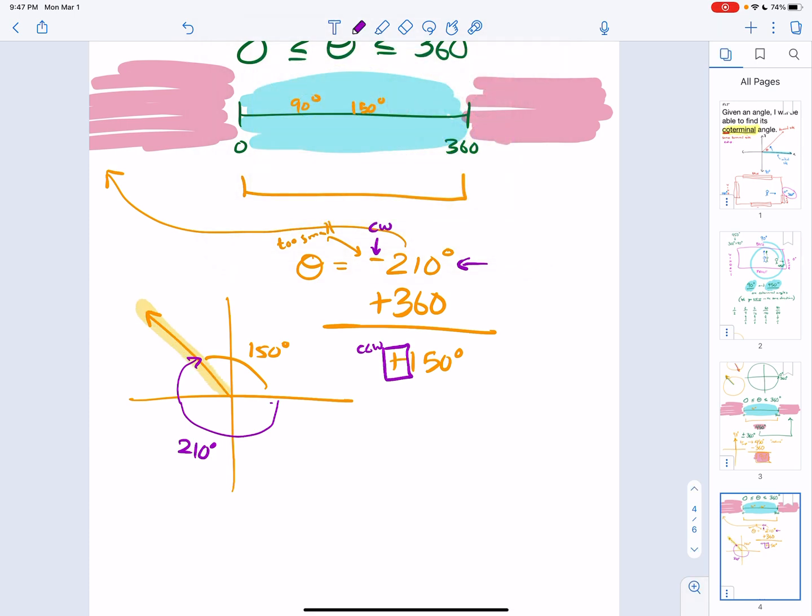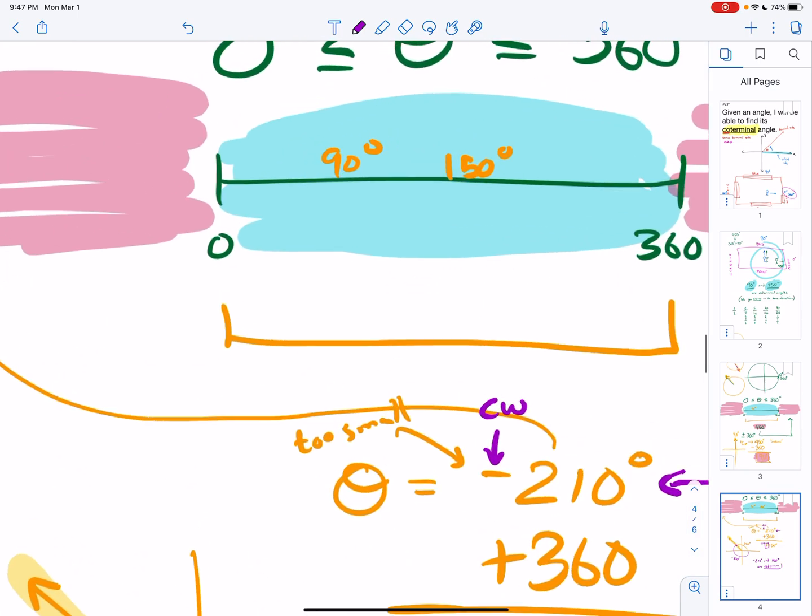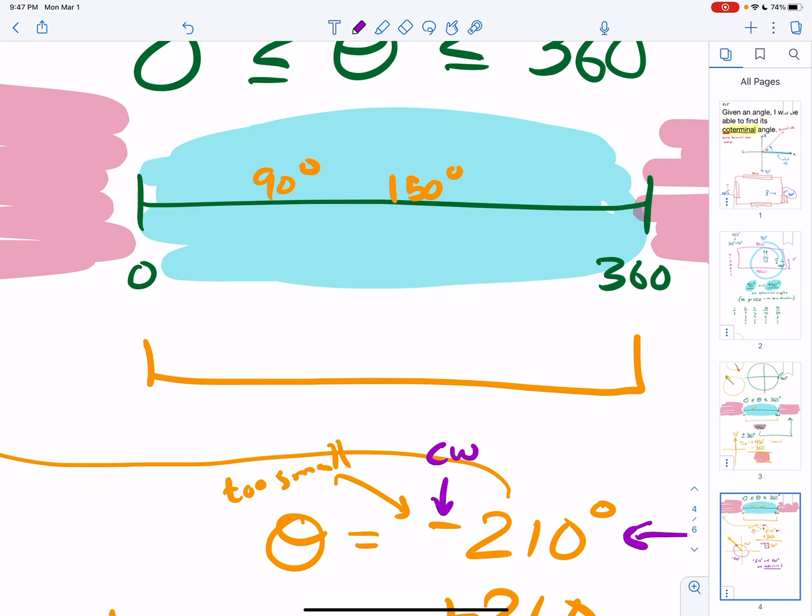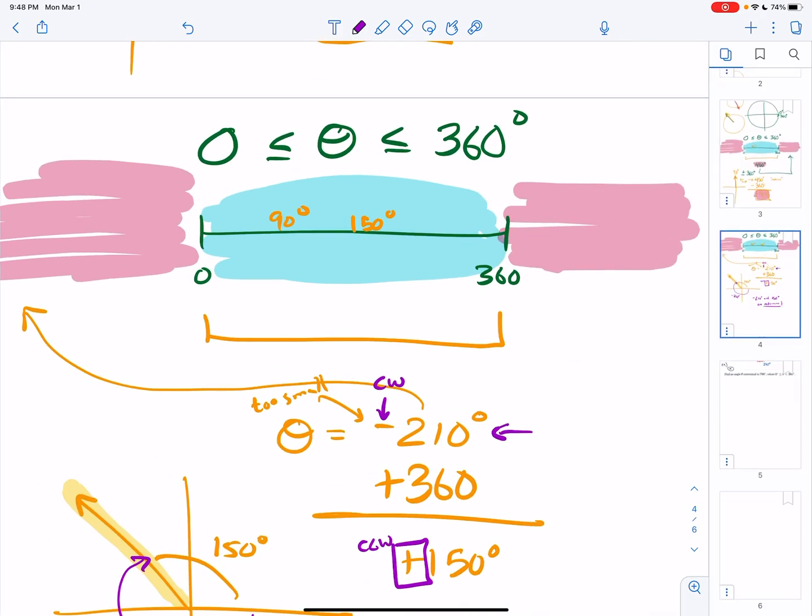So negative 210 degrees and 150 degrees, although they look very different, they're actually coterminal angles. And we're going to use that to our advantage later when we try to find out trig ratios. So the big takeaway is if you don't have something within 0 and 360, you want to convert it until it is somewhere in between 0 and 360. And that is the concept of coterminal angles.